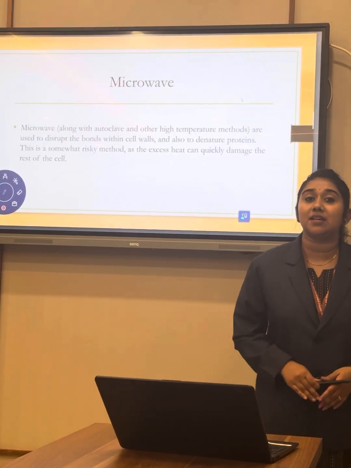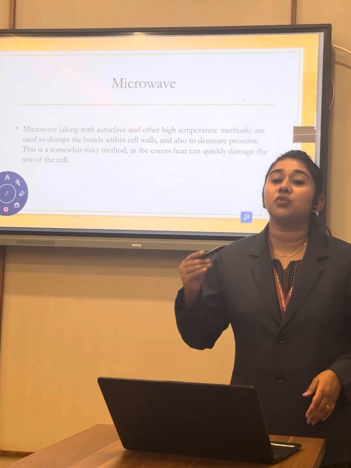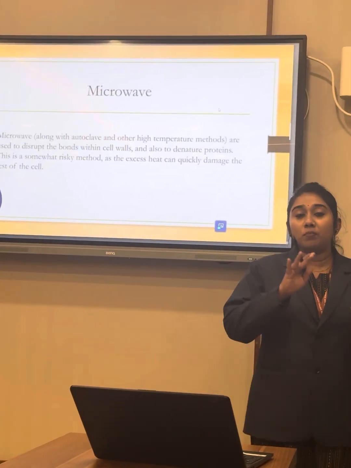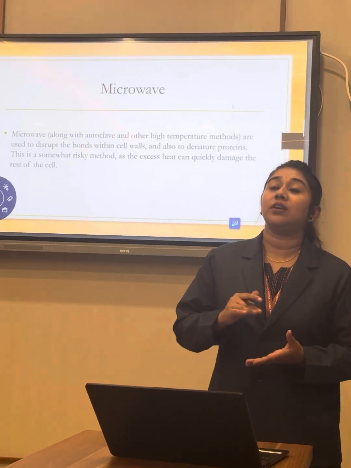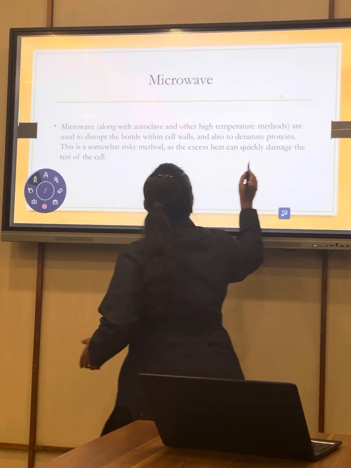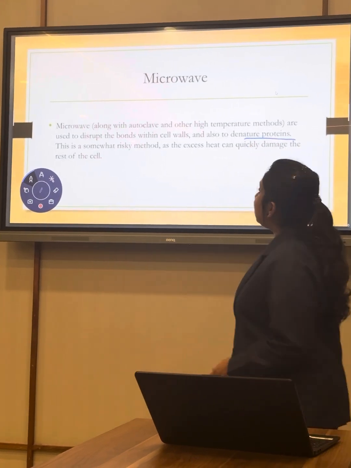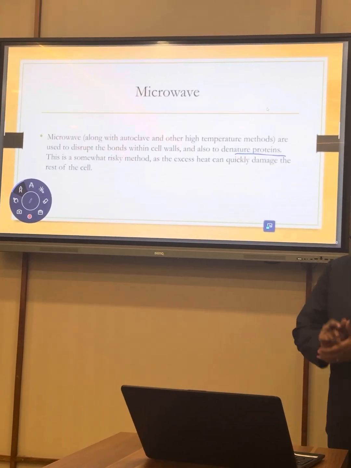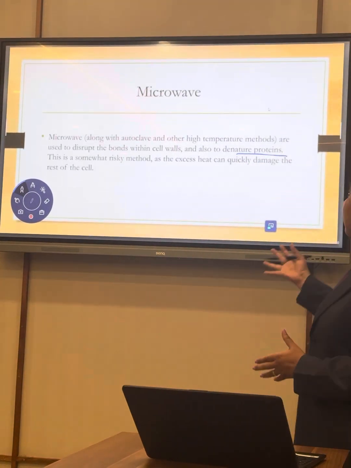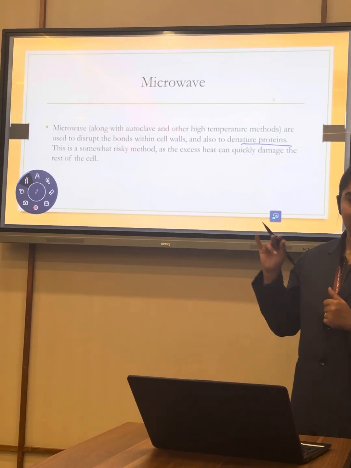We use high temperature to disrupt the cells. It also breaks the bonds between the cell walls and denatures the proteins. So it is a risky method because it also disrupts the other components present in the cells.